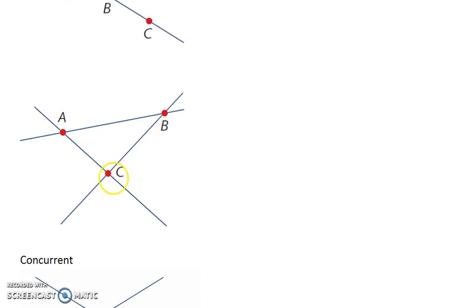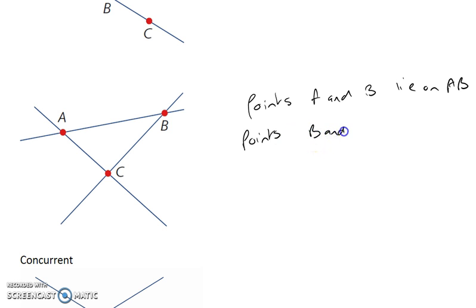If we look at this example here, points A, B, and C, they do not lie on the same line. We would say that points A and B lie on the line AB. Points B and C lie on the line BC, and points A and C lie on AC.